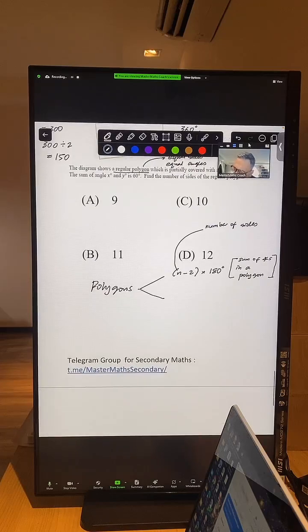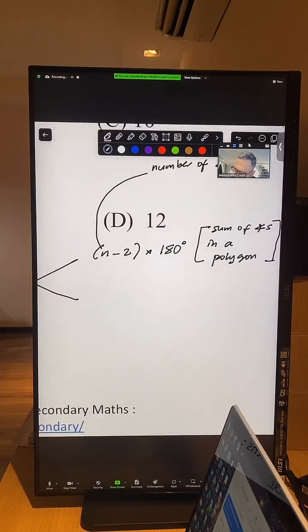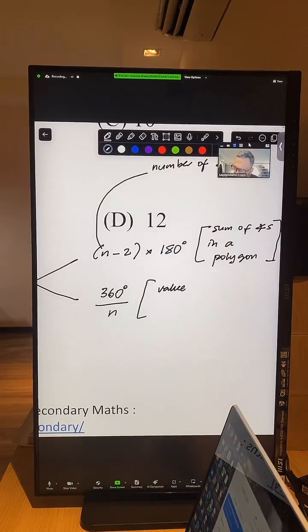Now the other formula you need to know about polygons is, if I take 360 degrees divided by n, what will this give me? This will give me the value of the exterior angle of a regular polygon.